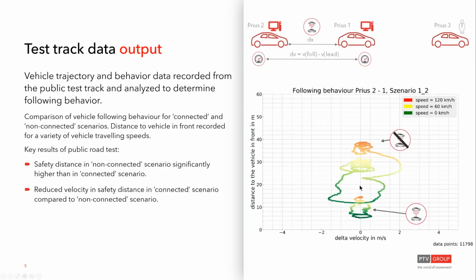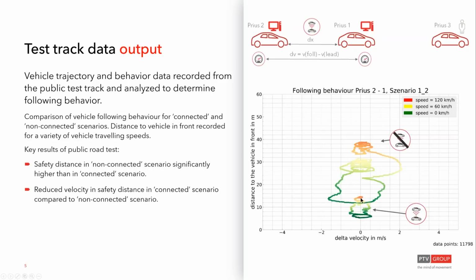And what you see here in the chart is one result. Here you see the difference in velocity between the two autonomous vehicles and also the distance between the two vehicles. Meaning here in red, speed, the vehicles are driving at a speed of around 120 kilometers per hour, and when connectivity is switched on, they have a distance between each other of 14 meters.